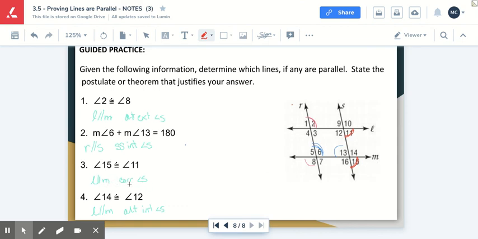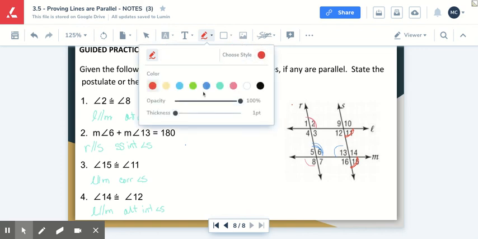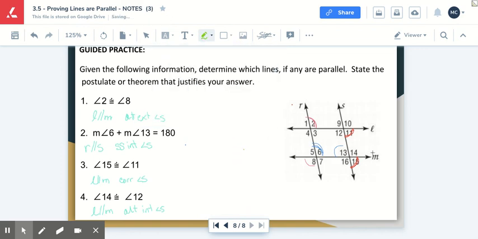That one's by the converse of the corresponding angles postulate. And the last one is angle 14 is congruent to angle 12. So angle 14 is here. Angle 12 is here. Relationship between those two is that they are alternate interior angles. So S would be the transversal, and that means that lines L and M would have to be parallel.